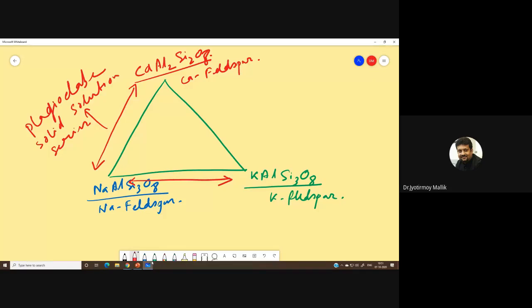This is the replacement between sodium and calcium. But remember, this doesn't exist: there is no replacement between calcium and potassium. So this particular arm of the triangle is not a solid solution series.